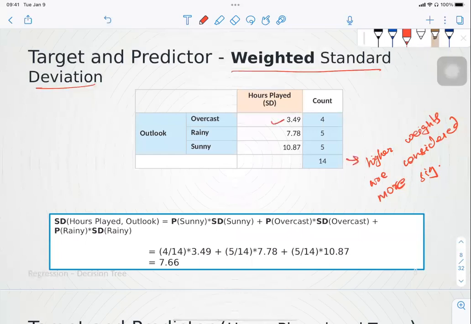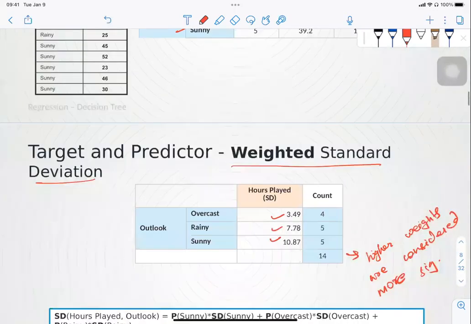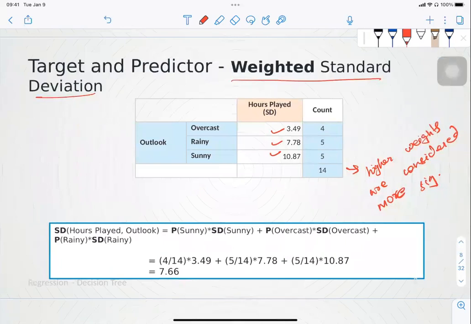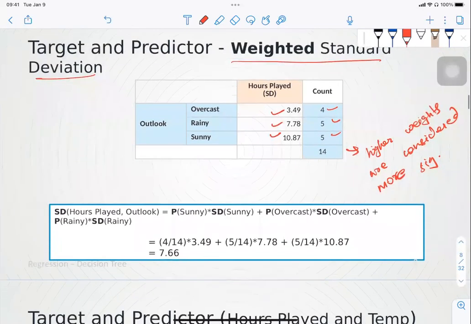We have the standard deviations from the previous slide, and now we get the count, and using the probability of sunny and standard deviation of sunny, along with overcast and rainy, we just do the summation of all three, and we get the weighted standard deviation.